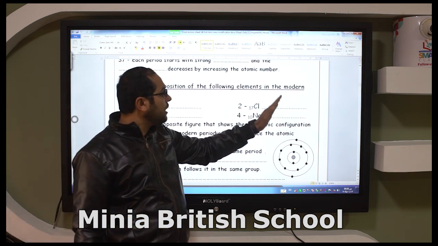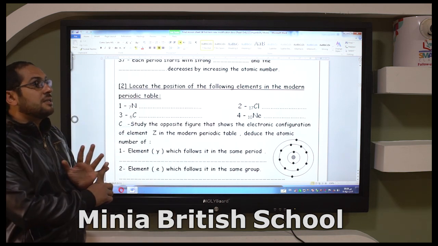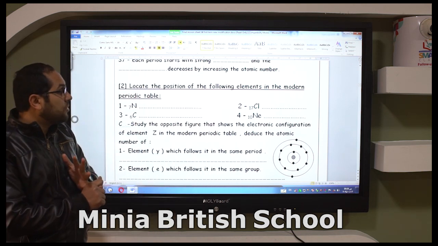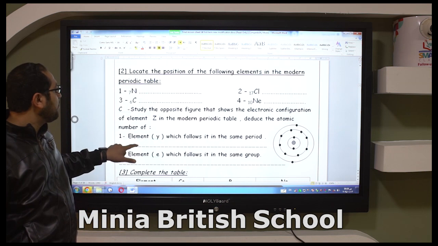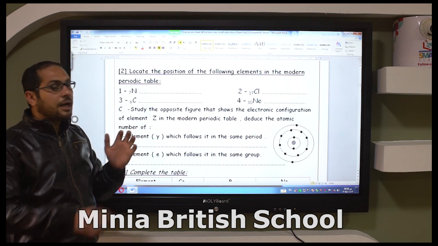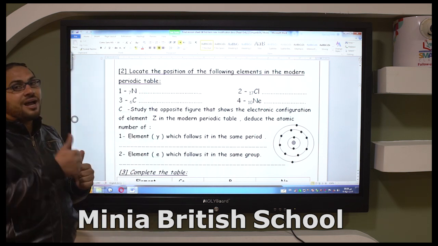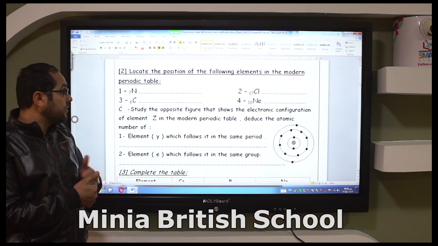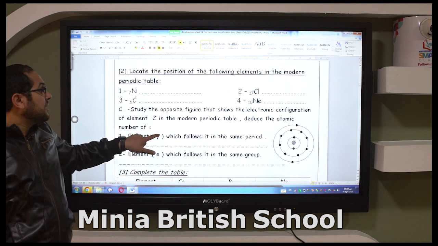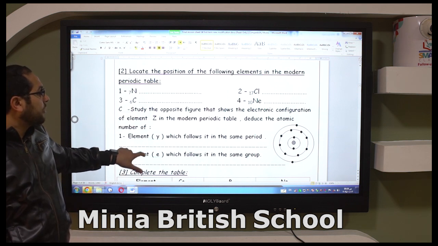Chlorine, 2, 8, 7. 3 energy levels, meaning this element lies in period 3 and group 7A. Carbon, 2, 4. 2 energy levels, period 2. The last level contains 4 electrons, which means this element lies in group 4A.